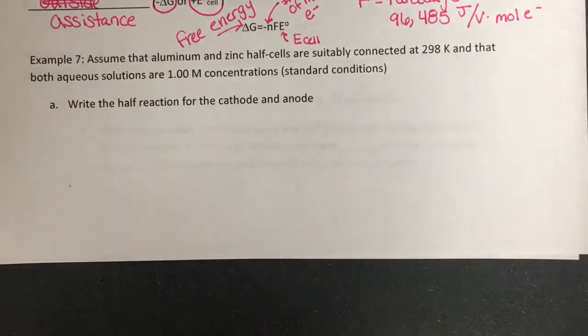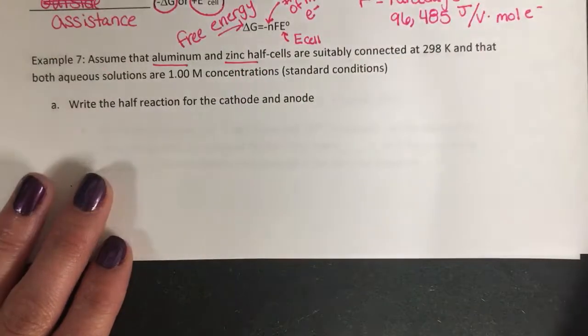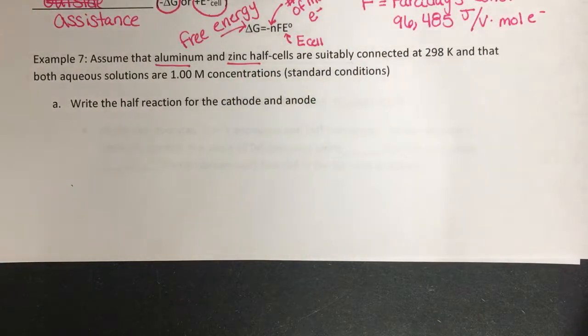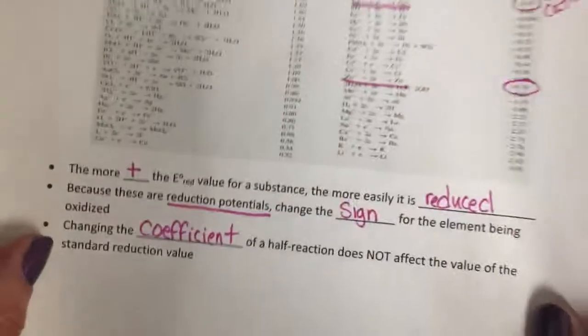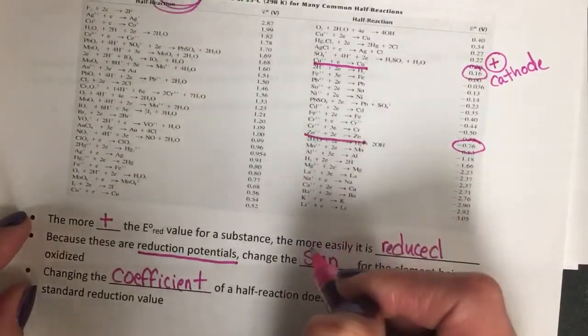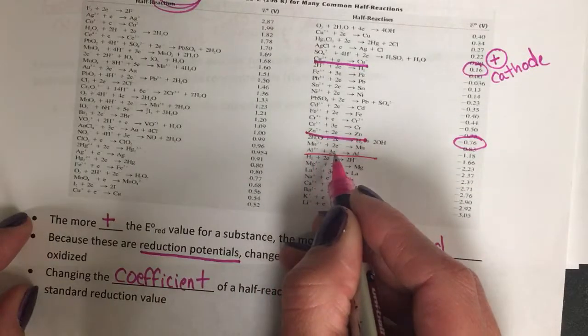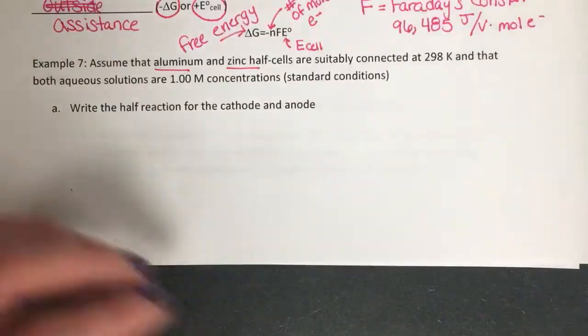I've got two half cells, aluminum and zinc, and it's producing current. So part A says write the half reactions. So I've got aluminum. Aluminum, if I look at my table, is going from 3 plus 3 electrons to regular aluminum.